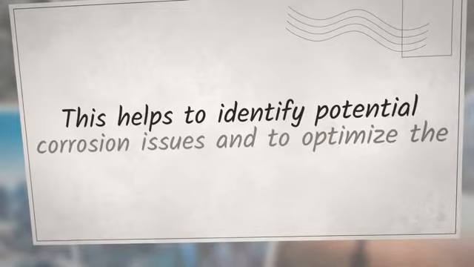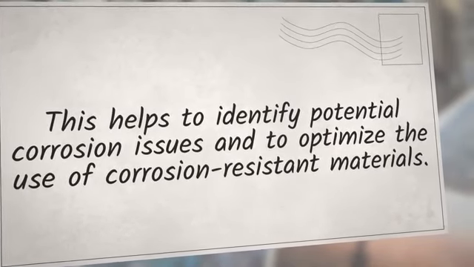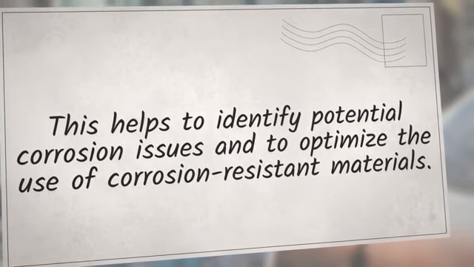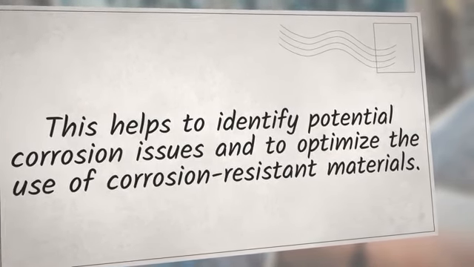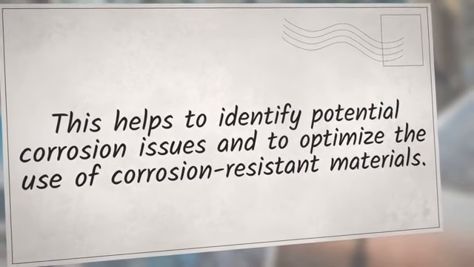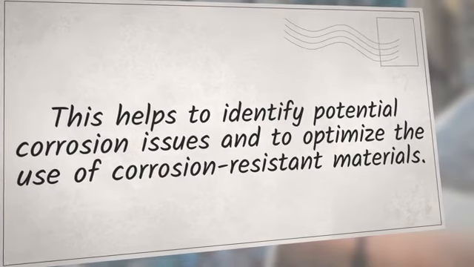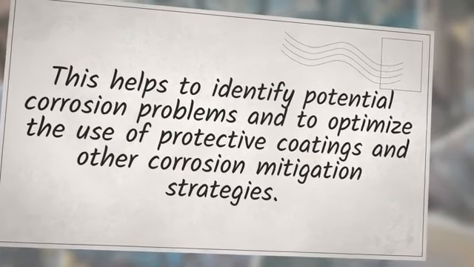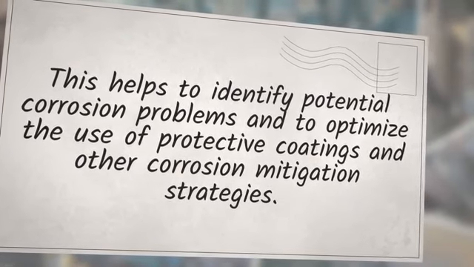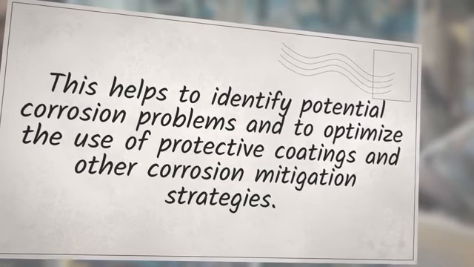Manufacturing. Corrosion coupons are used in manufacturing facilities to monitor the corrosion rates in equipment used for metal fabrication, plating, and other processes. This helps to identify potential corrosion issues and to optimize the use of corrosion-resistant materials. Infrastructure. Corrosion coupons are also used in infrastructure applications such as bridges, highways, and buildings to monitor the corrosion rates in metal components.